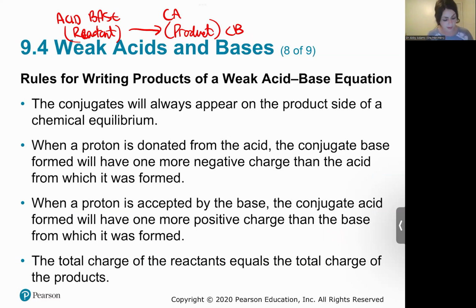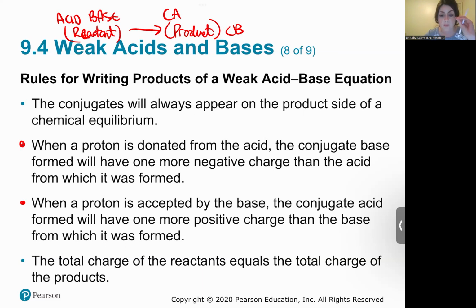So now, look, it's written out in two different ways. When the proton is donated from the acid, the conjugate base that's formed is going to have one more negative charge than the acid from which it was formed.